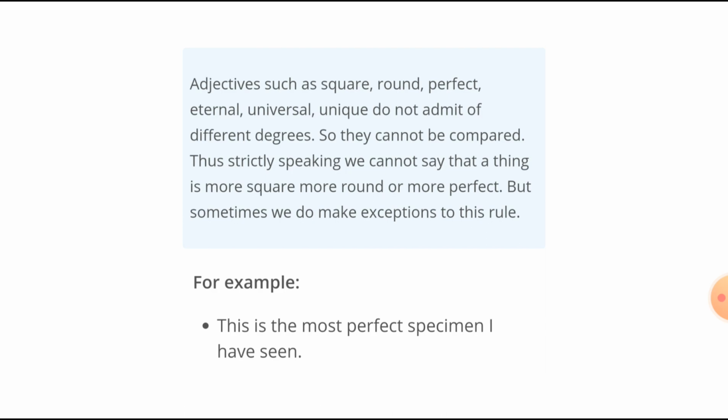But sometimes we do make exceptions to this rule. For example, this is the most perfect specimen I have seen. Here we go against the rule that we have discussed.